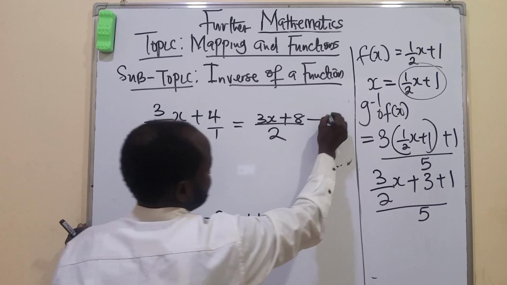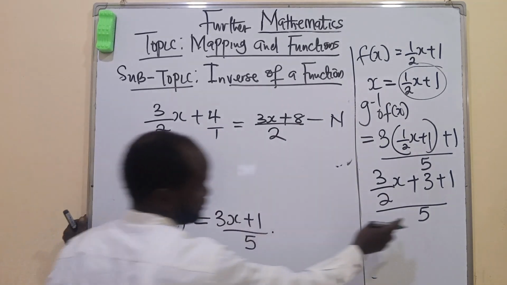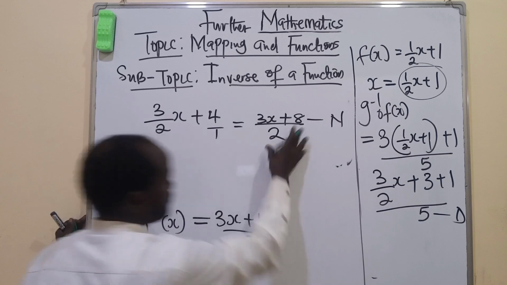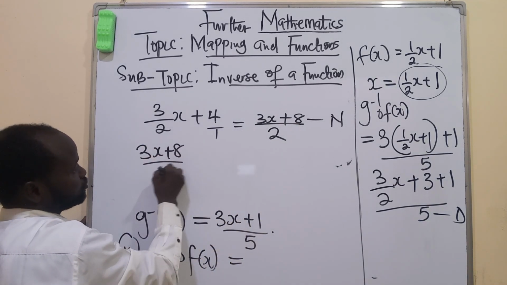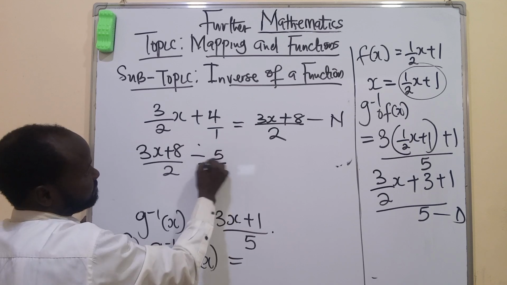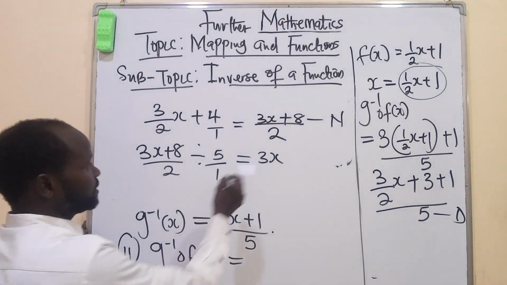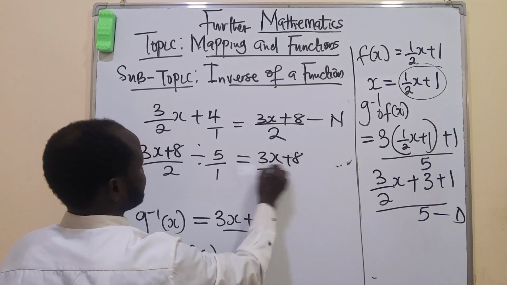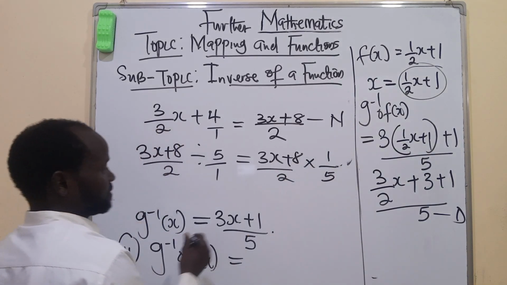So our numerator will be (3x plus 8) divided by 2. Then we have our denominator as 5. So we connect this: (3x plus 8) divided by 2, divided by 5 over 1. We can write this as (3x plus 8) divided by 2 times 1 over 5.